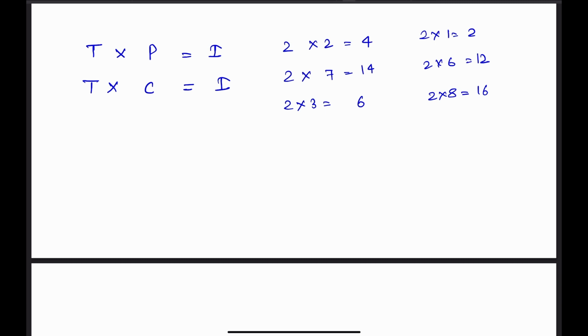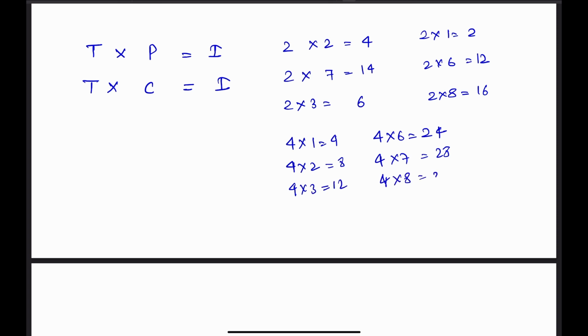In 4 is there. 4 into 1, 4, and then 4 into 6, 24. 4 into 2, 8, and 4 into 7, 28. 4 into 3, 12, and 4 into 8, 32. So a lot of possibilities are there again.